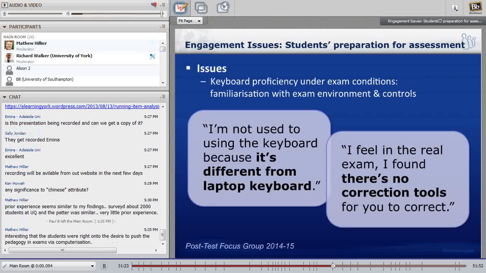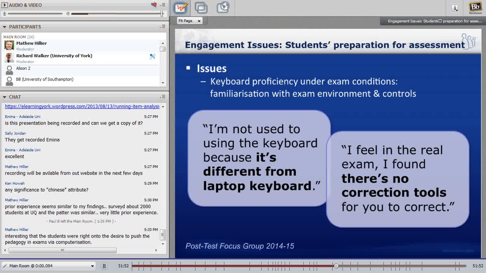And so what our research very much suggests is that you need to equip students with dedicated skills for taking online examinations. And in particular, students really need to have the opportunities to practice under real examination conditions in order to get used to typing under examination conditions, using the institutional hardware that's available.